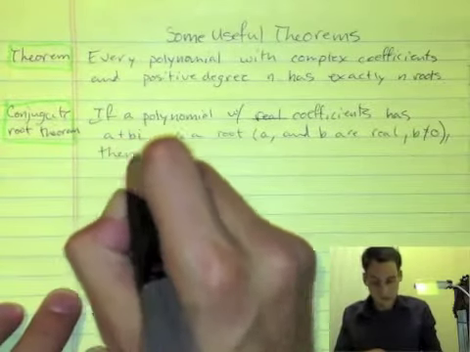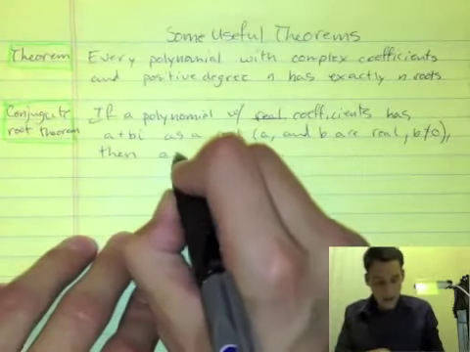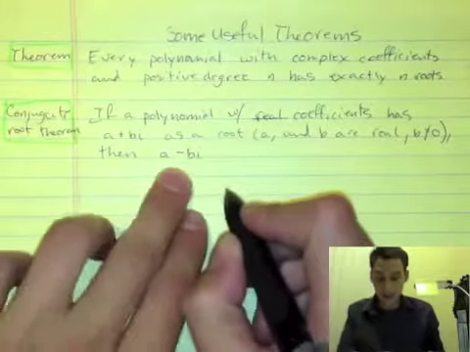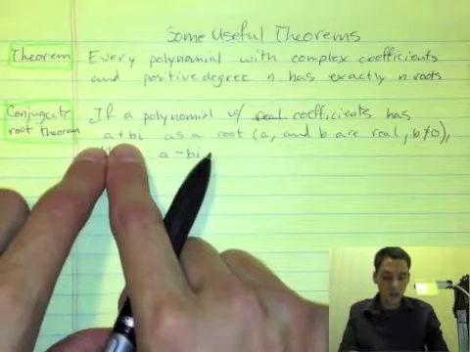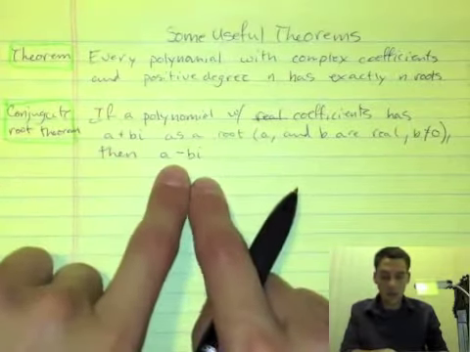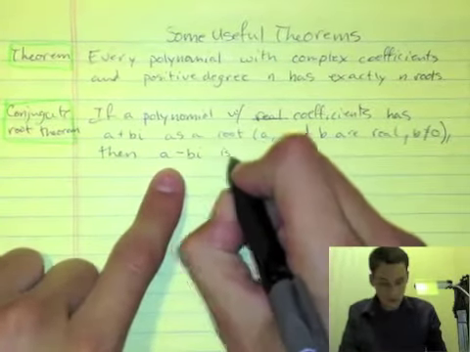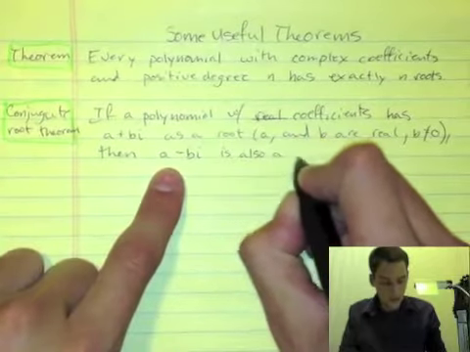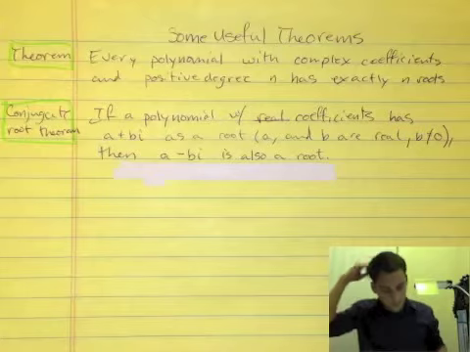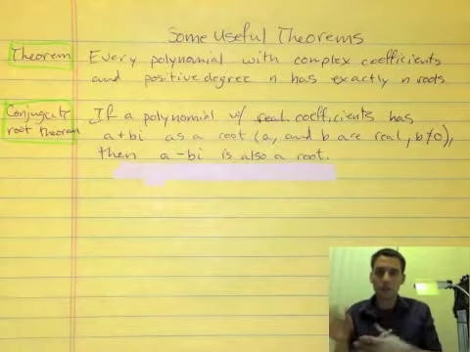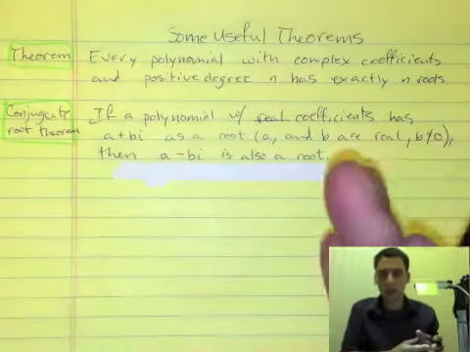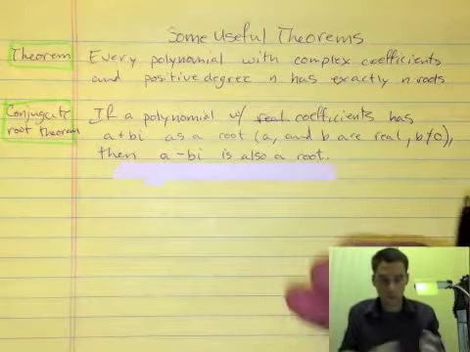then a minus bi, which is the conjugate, is also a root. This means if you have an imaginary number as a root, then the complex conjugate of it is also a root.